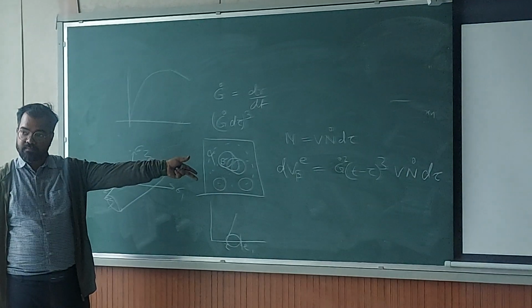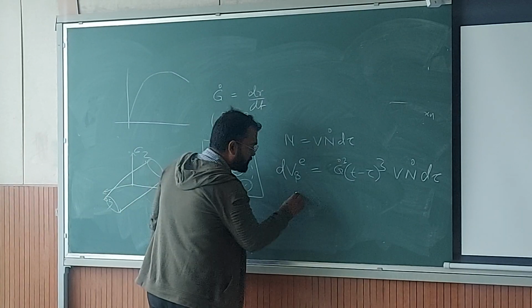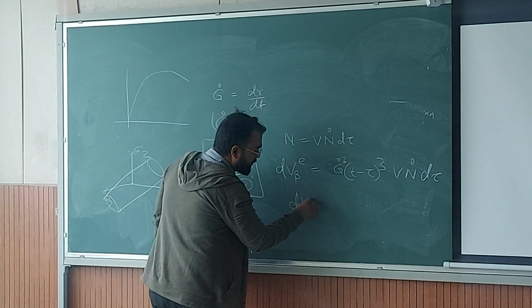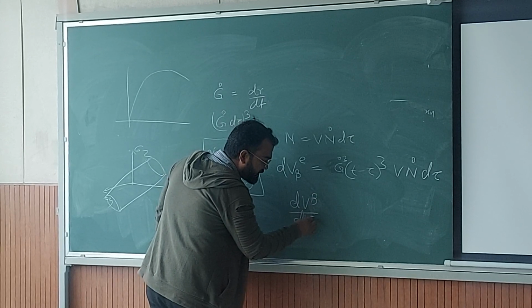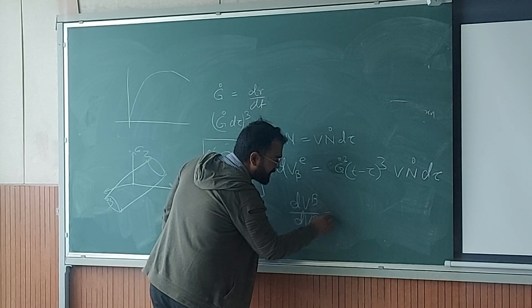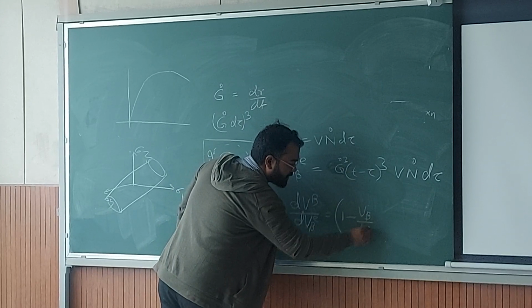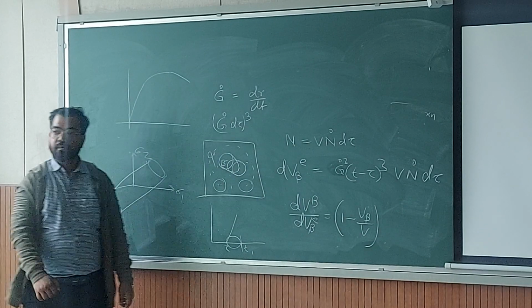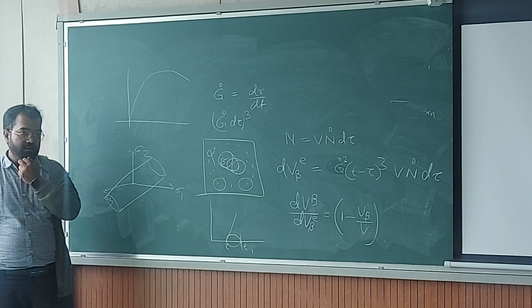That's an incorrect volume, right? And this incorrect volume, the erroneously transforming region, must be proportional to the untransformed volume. And this is how you correct and find out the final Avrami equation.